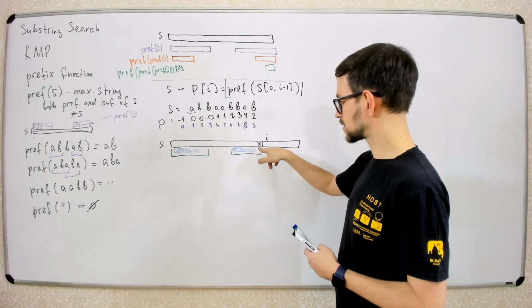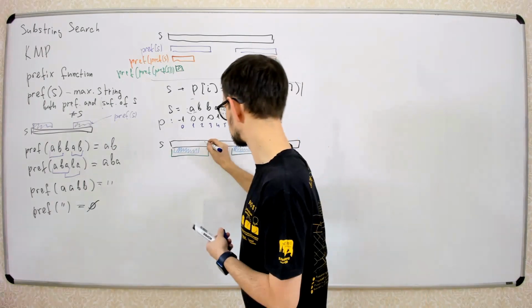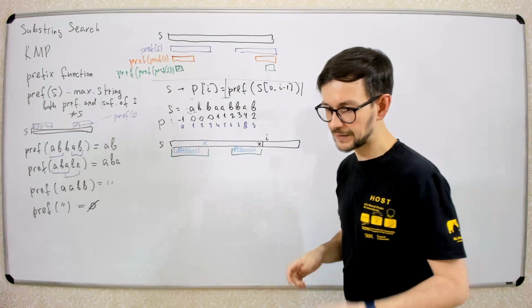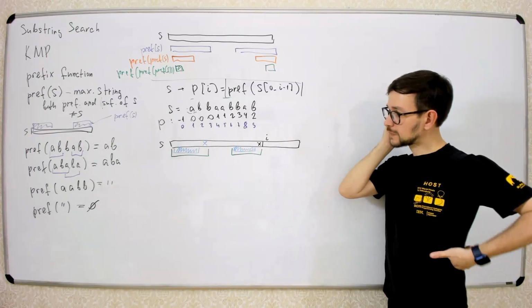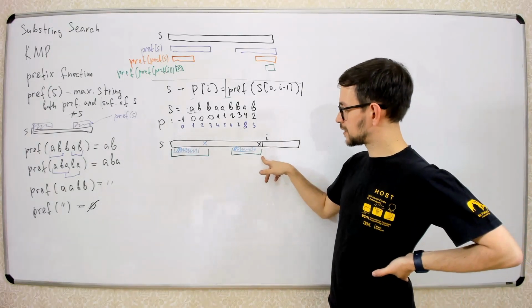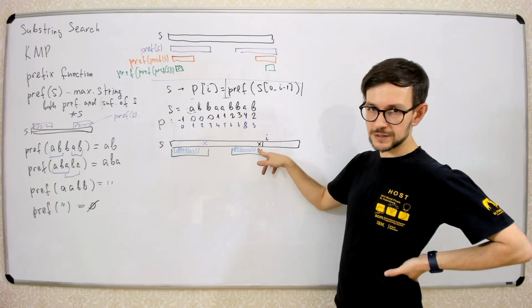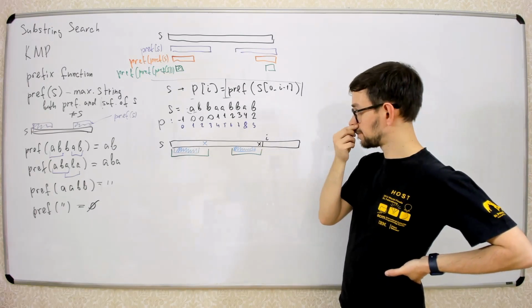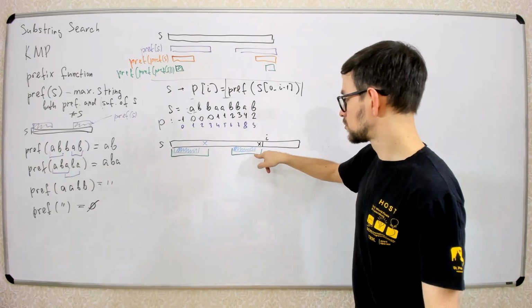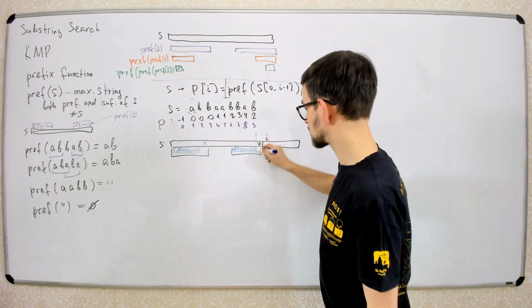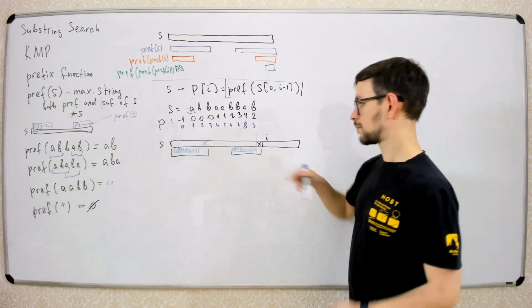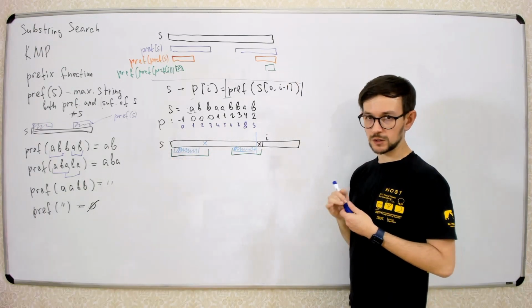And this character X should be the same here and here. Like this. So your prefix function contains two parts. You contain this blue string plus character X. Now, this blue string is actually a prefix and suffix of this prefix of size I-1.